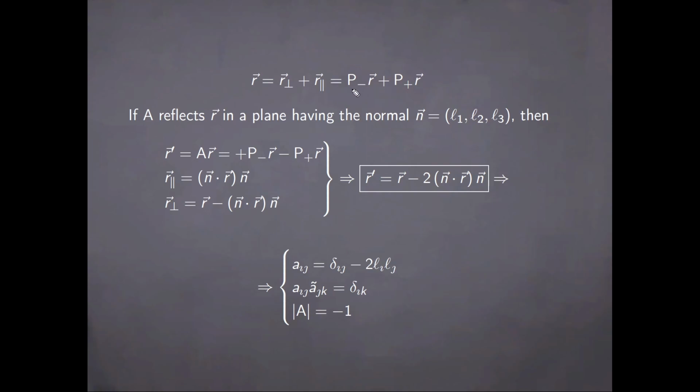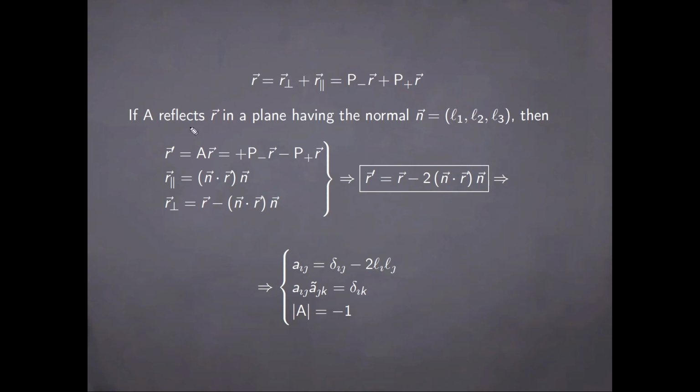and therefore we can call these projection matrices. Now, if the matrix A happens to reflect R in a plane having the normal n of some orientation given by the components here.